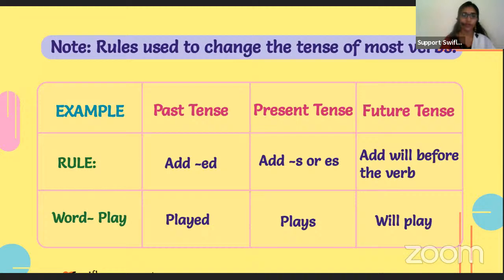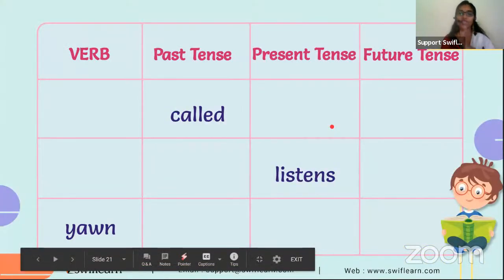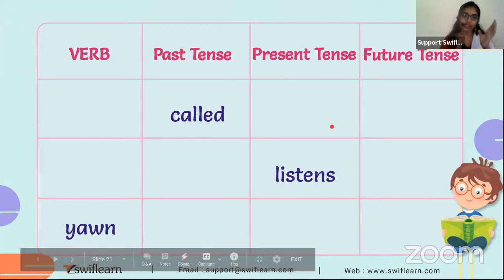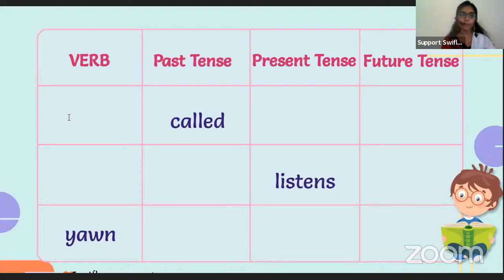Okay. So moving ahead, we have some examples and let's practice this. Here we have three verbs: call, listen, yawn. So shall we try making them in all the tenses? Here, what can be the verb?